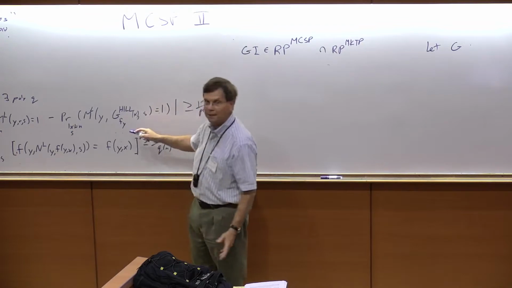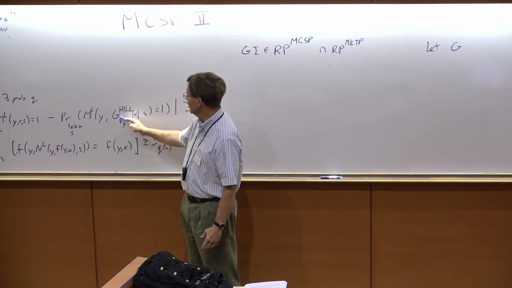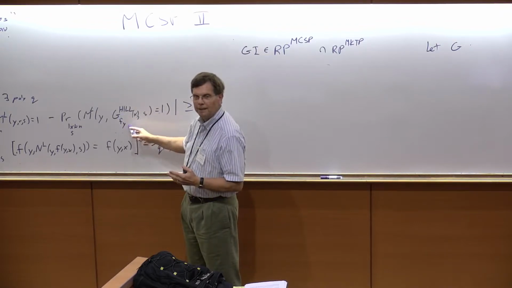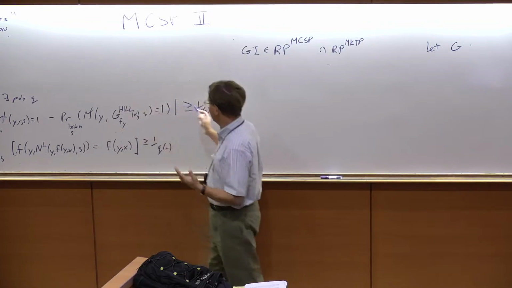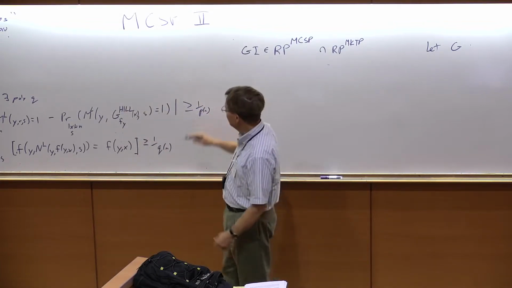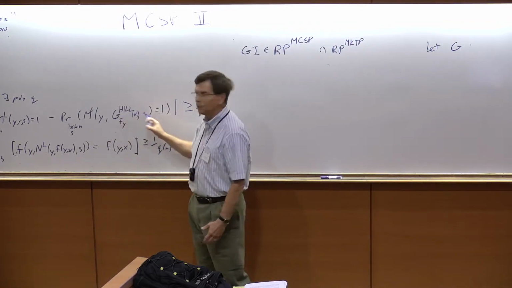It's a black box that says if you've got Oracle access, a black box program for f sub y, and you want a particular security parameter q, p, it tells you exactly what to do to compute this generator.